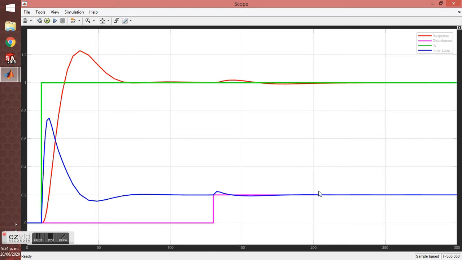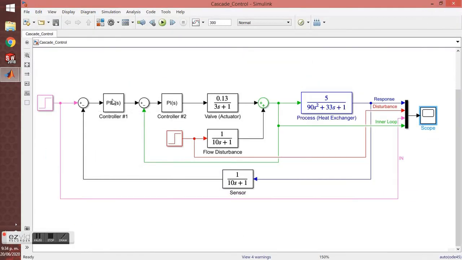So it is the cascade control for a heat exchanger plant, and it was the result, the general schema, and it has been the cascade control.